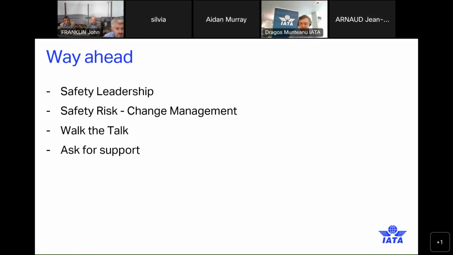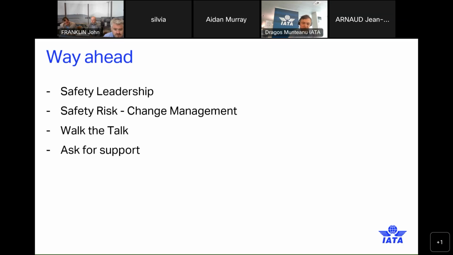For sure, safety leadership is extremely important, and in our revised IATA safety strategy, safety leadership is one of the key elements that we are focusing on, since we know that safety starts at the top, and it's very important that the messages coming from the top, from the highest levels of the airline, are really, in fact, going in that direction and not only limited to a slogan, and to something that we put in the safety policy that is very nicely hung up in the offices as per expectations of the auditors.